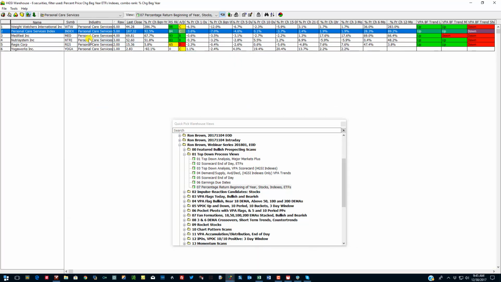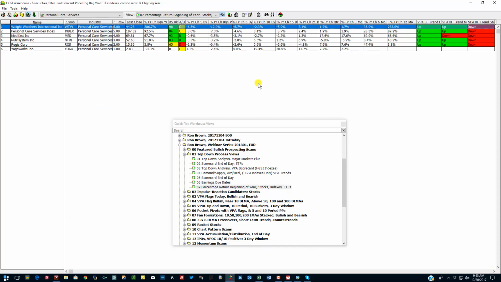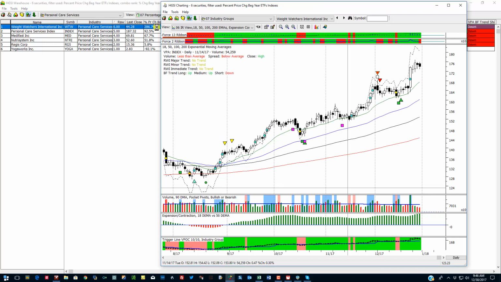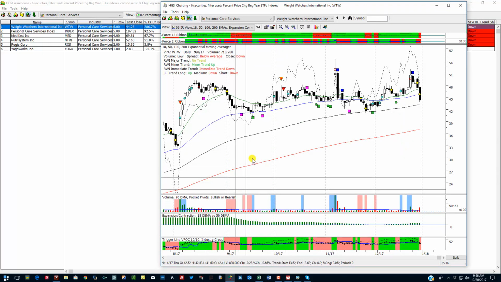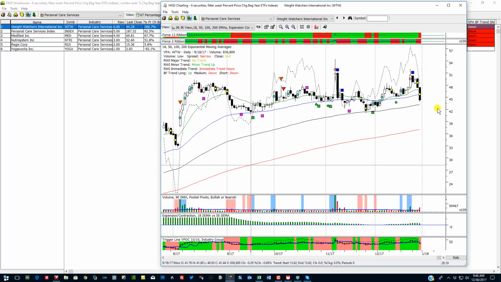I'll change to that industry group, and here is a stock that has appeared over and over. You can see that Weight Watchers International is up nearly 300% this year. I'm going to bring this chart up. It doesn't look like much right now.